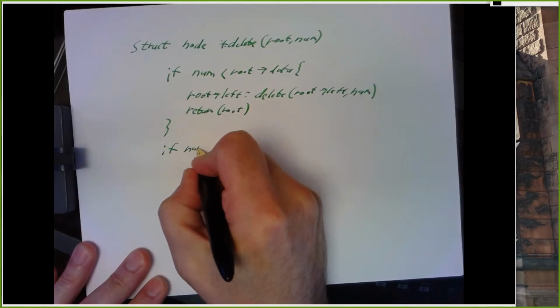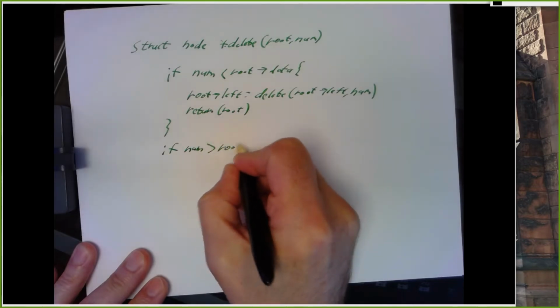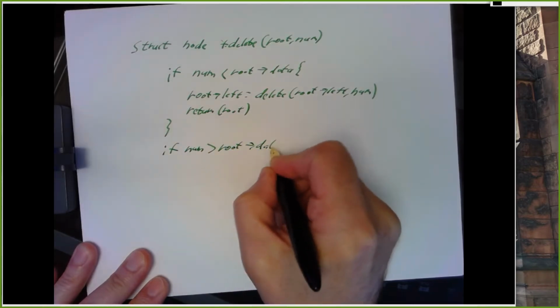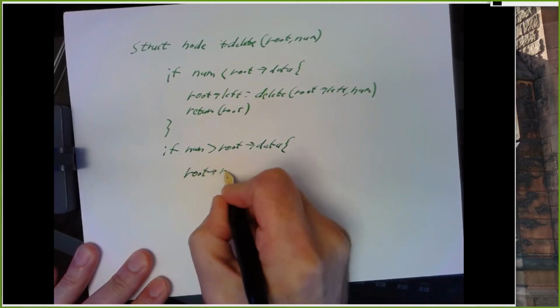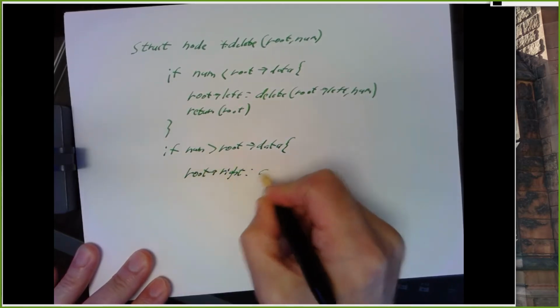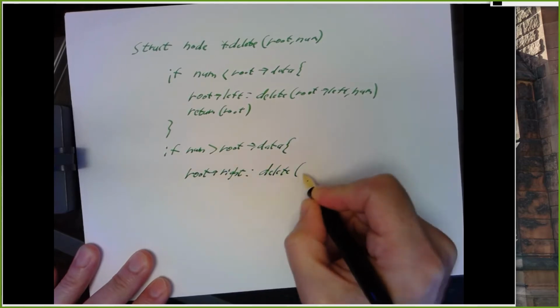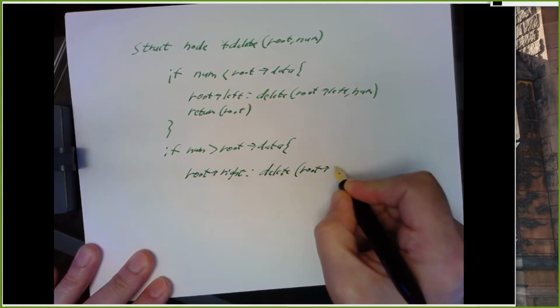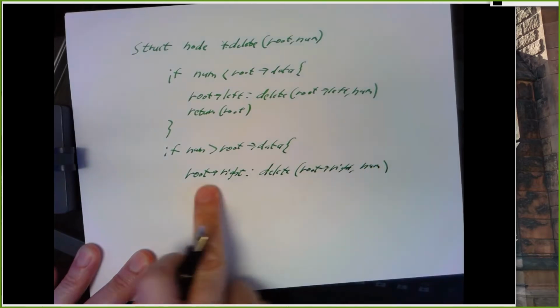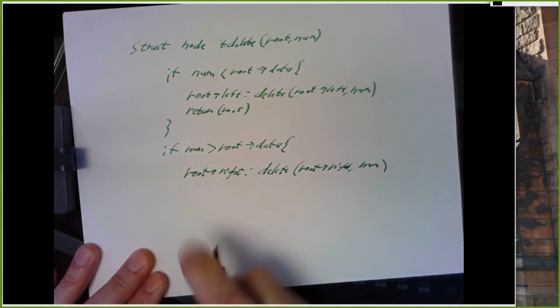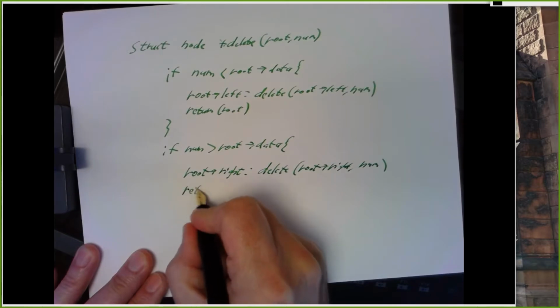If your number, on the other hand, is bigger than the root data, then recursively call your delete function to delete from the right subtree the node containing your number, and have root point to that new tree on the right, and return your root.